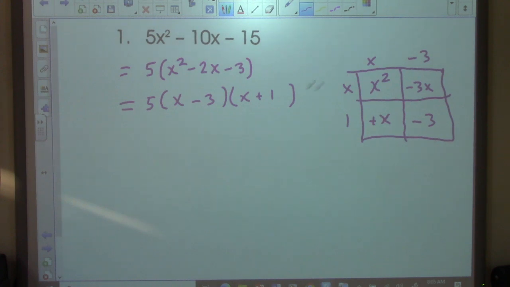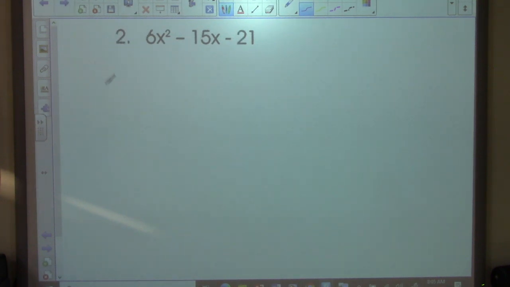And so I showed this one yesterday. Now I'm going to go to number 2, which I didn't quite get to yesterday, which is another one. So here, if you look at this one right here, what's going to be our greatest common factor of these terms here? 3. 3 looks like it, right? So let's go with 3. If we take out a 3, now I'd like to be able to take out 6, right? But why is 6 not going to work?